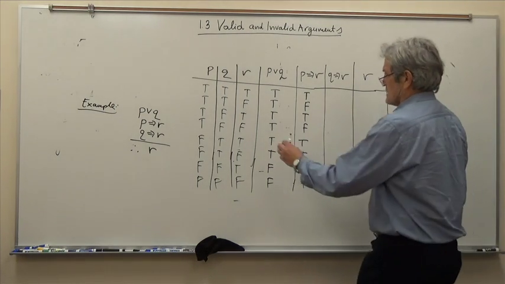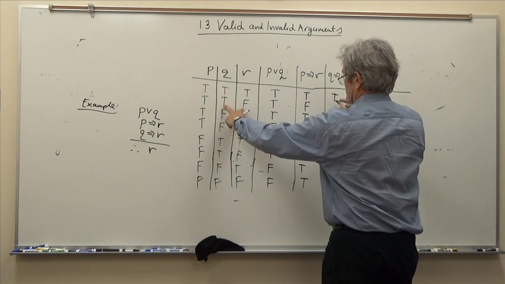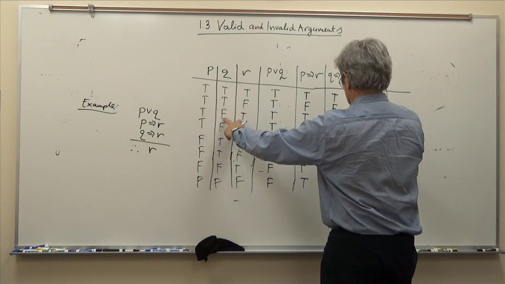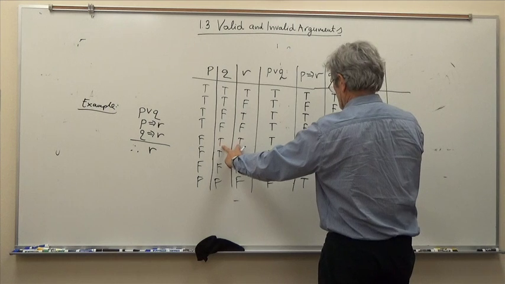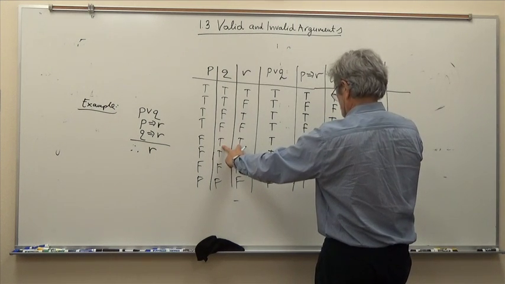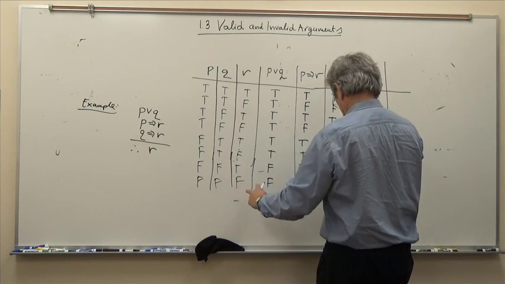Then Q implies R. So when Q is true, we get true, we get false here, we get true here. We'll get true because Q was false. True implies true is true, true implies false is false, false implies true is true, this is true.